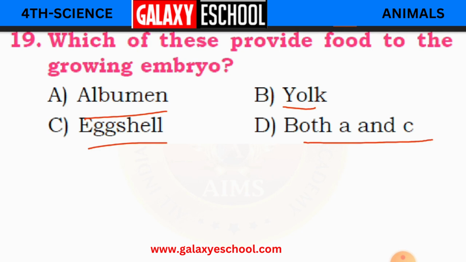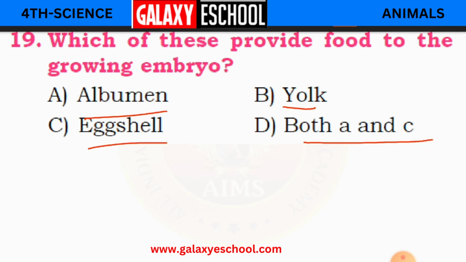Inside the egg we have got an embryo. Embryo is the young baby which has to be developed, which has to be hatched. And which of these is going to provide food to that growing embryo?